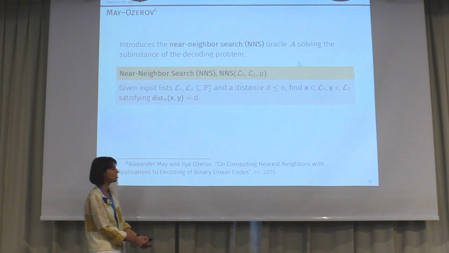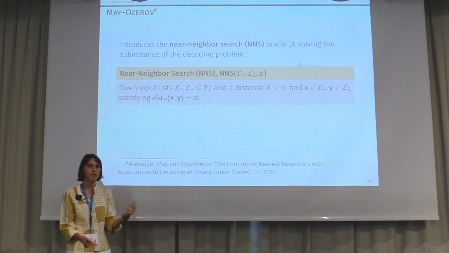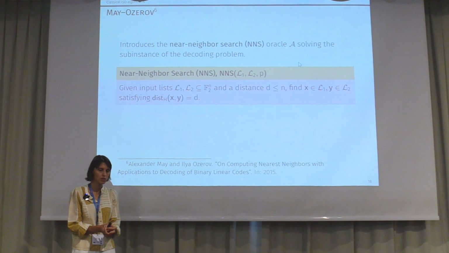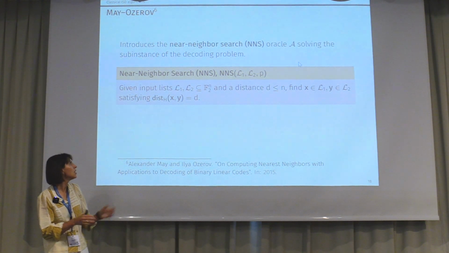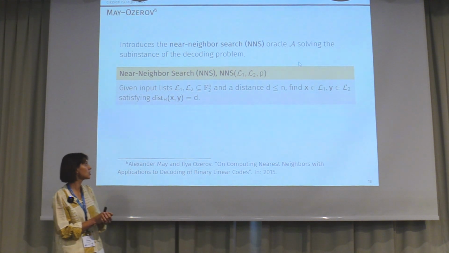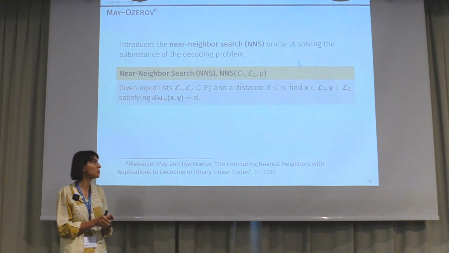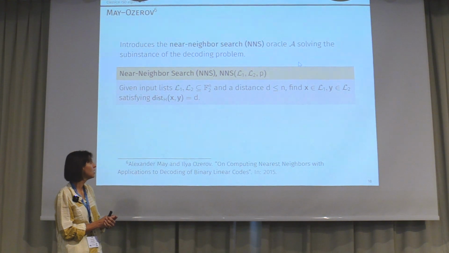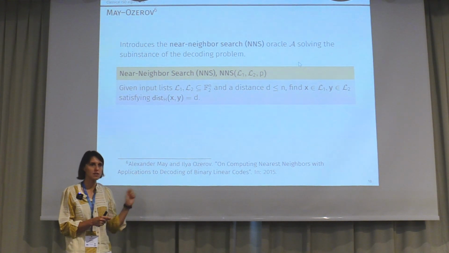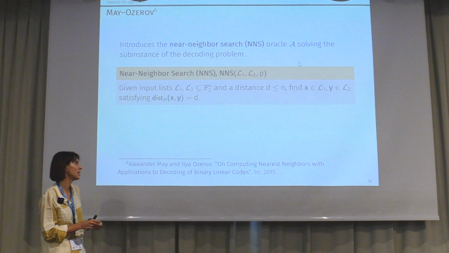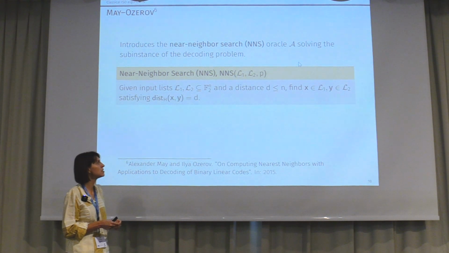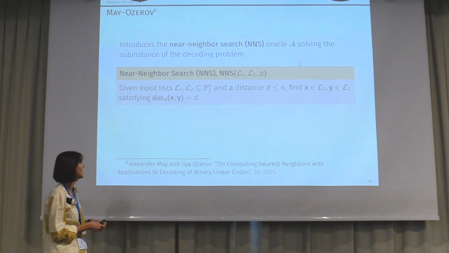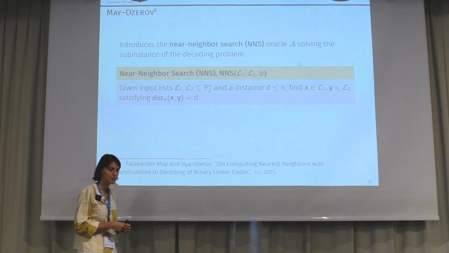We have two lists, L1 and L2, and the elements in these lists might satisfy some additional constraint, but let's say these are just arbitrary elements from F2 to the n. We have some fixed distance, and we are searching for an element in L1, which we denote by x, and an element in L2, which we denote by y, that are at Hamming distance d.